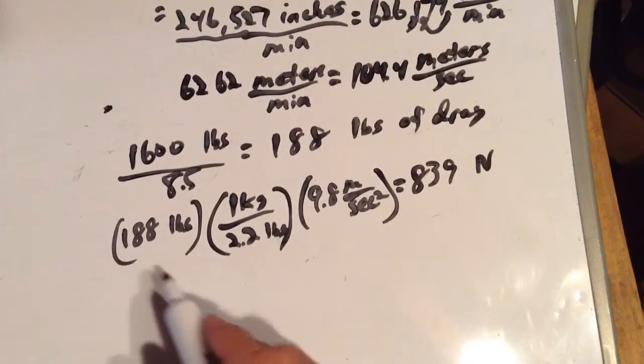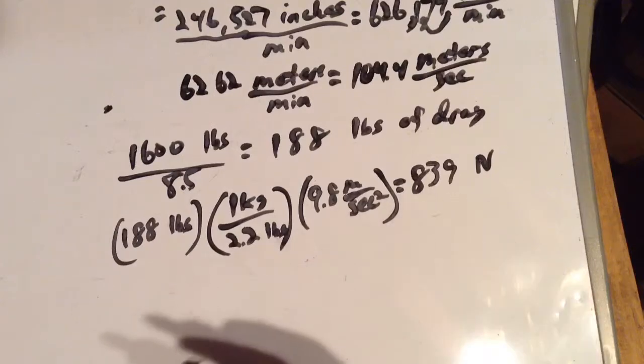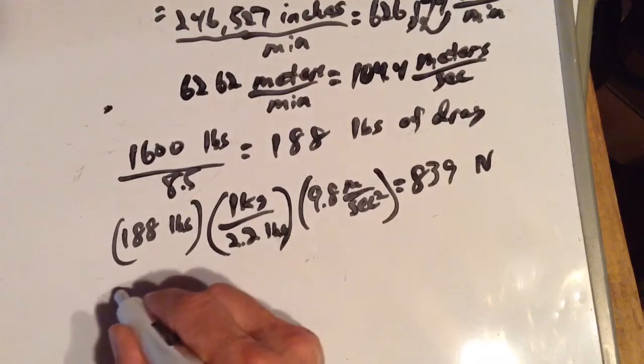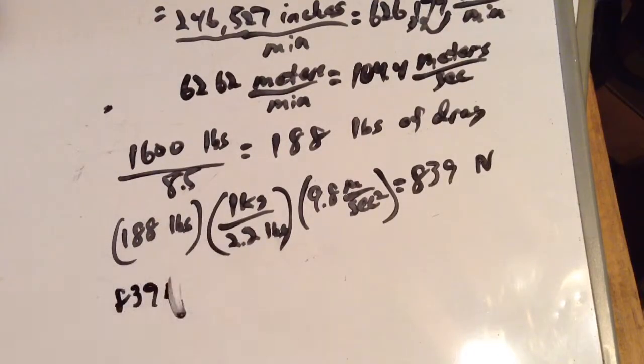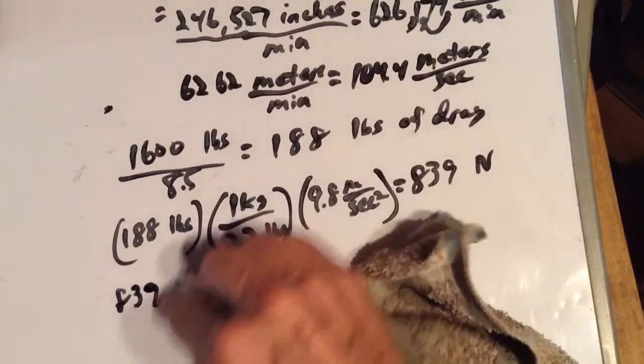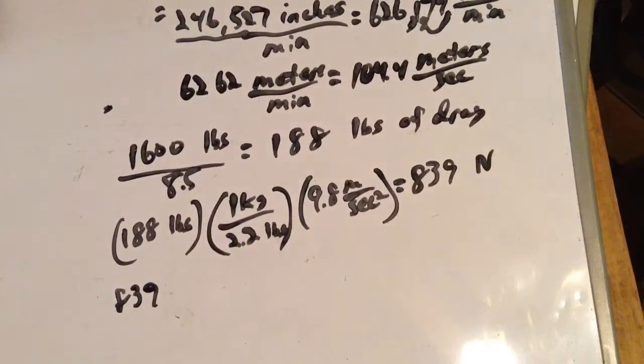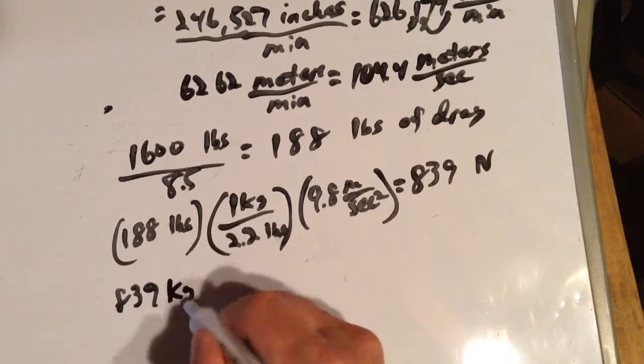Now let's calculate the propeller's lift coefficient. We know that the thrust of 188 pounds, or 839 newtons, instead of writing newtons, let's write kilogram meters per second squared, so we won't forget what our units are.